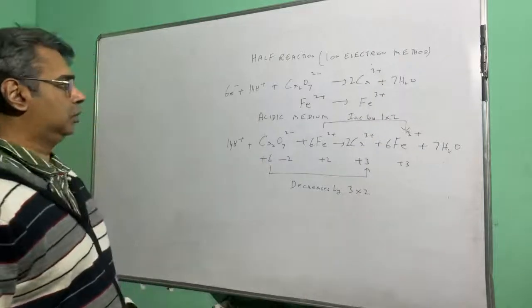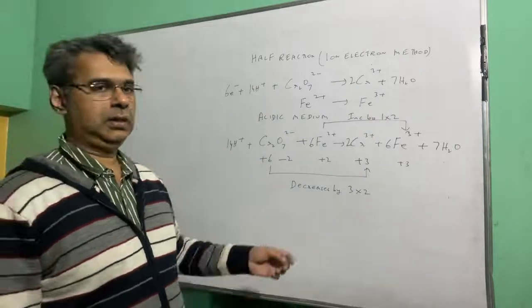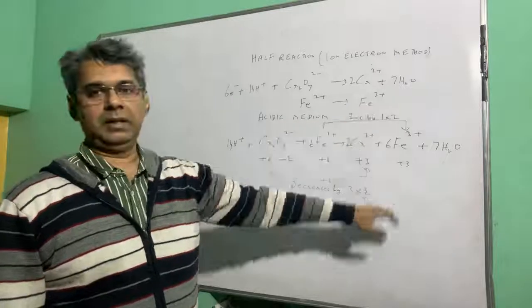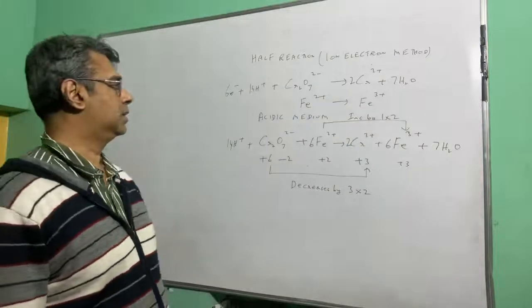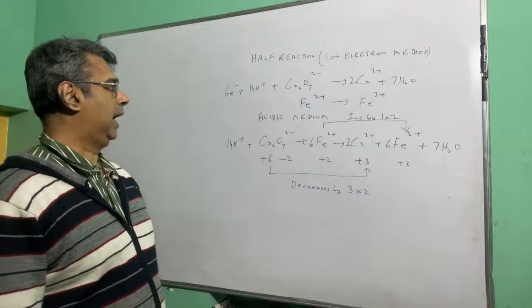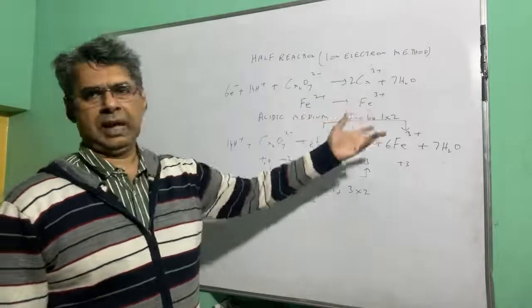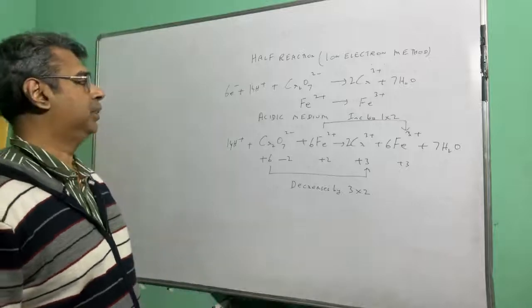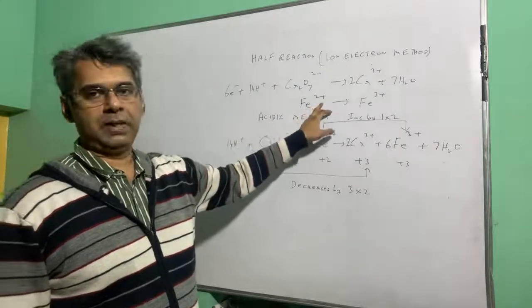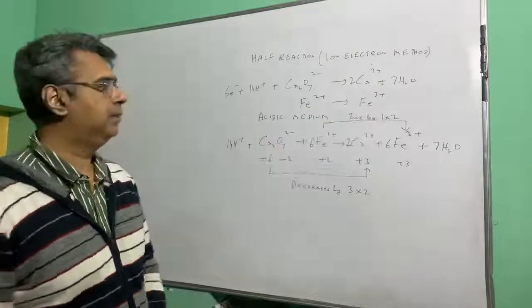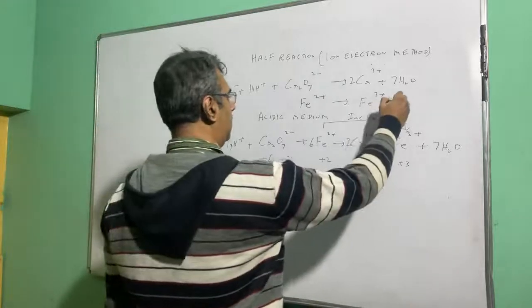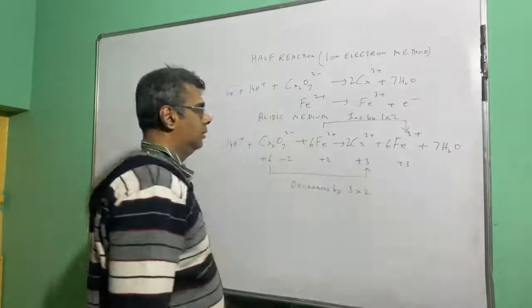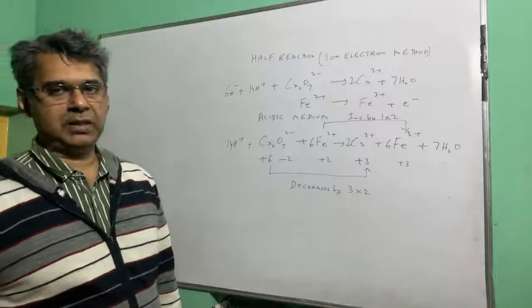Then we come to the oxidation half of the reaction. Fe2 plus is getting oxidized to Fe3 plus, right? And is it balanced? Absolutely, it is balanced, nothing to do. But here there is a charge of plus 2, here there is a charge of plus 3. So you will have to add one electron here so that both the sides have the same charge.